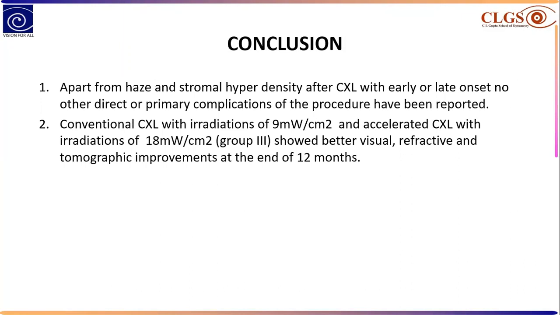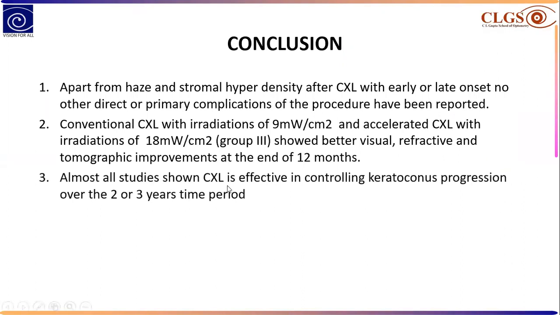Conventional CXL with irradiation of 9 milliwatt per centimeter square and accelerated CXL with irradiation of 18 milliwatts per centimeter square showed better visual, refractive and tomographic improvements at the end of 12 months. We have discussed the different types of CXL. Almost all the studies have shown that standard CXL has better efficacy, but the only problem is that it is a more time consuming process.